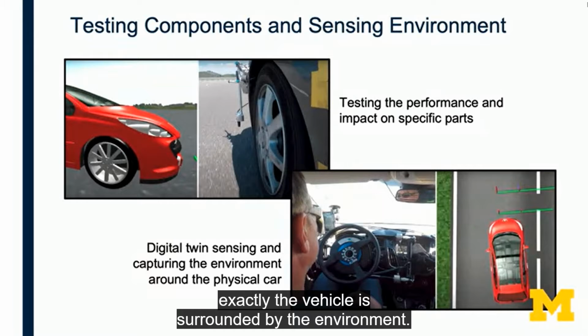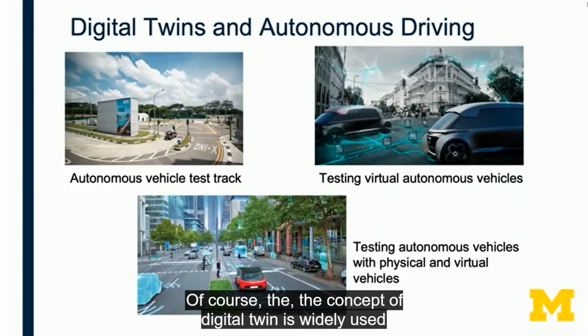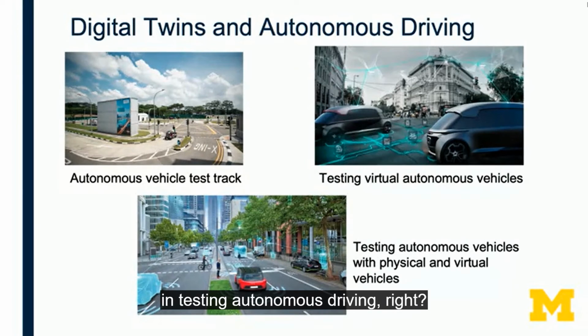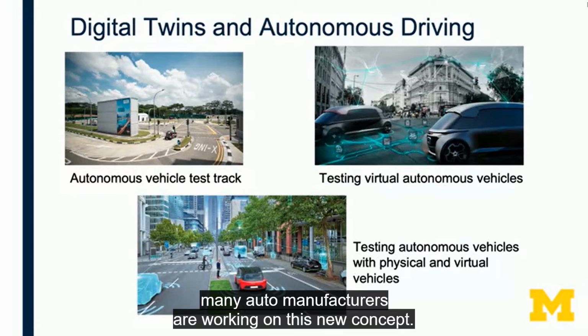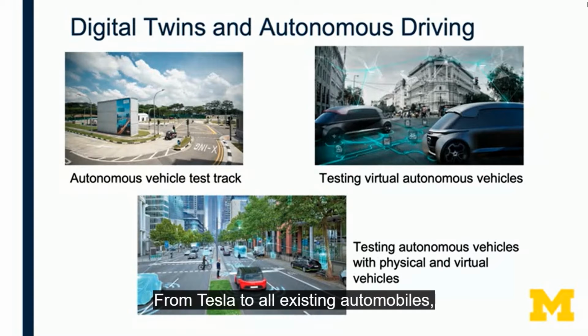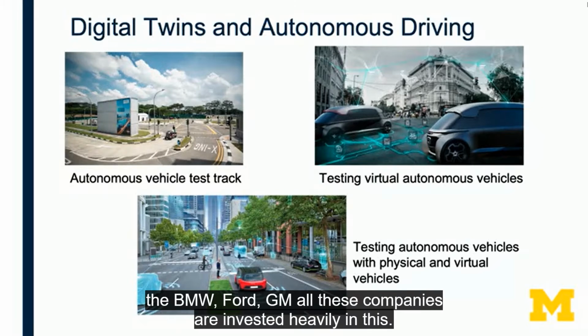Of course, the concept of digital twin is widely used in testing autonomous driving, right? I mean, which is a very, very popular concept now, self-driving cars. And many auto manufacturers are working on this new concept, from Tesla to all existing automakers, whether it is BMW, Ford, or GM.